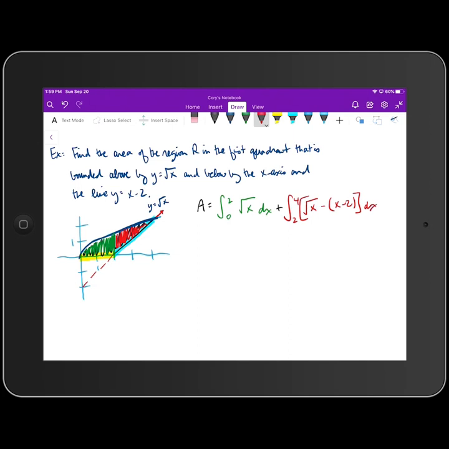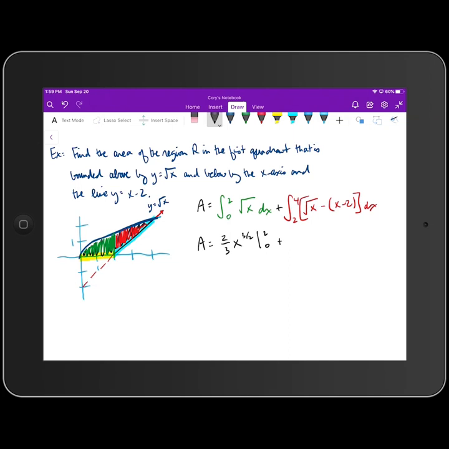Okay, so we're just going to go ahead and work through to compute the value of this integral. The antiderivative of rad x, or x to the 1/2 power, is x to the 3/2 divided by 3/2. Dividing by 3/2 is the same thing as multiplying by 2/3.